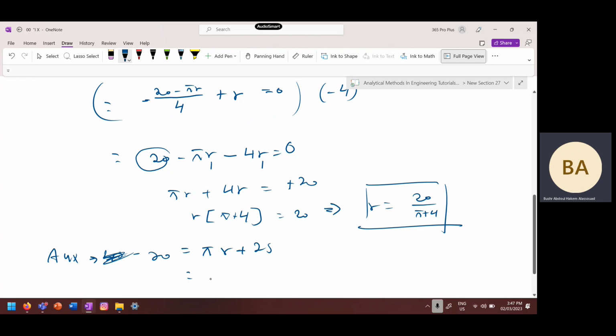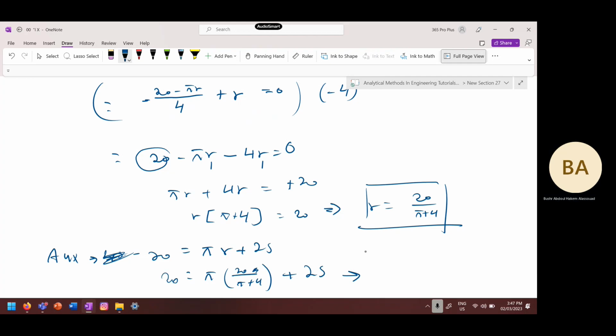Anyway, so pi times 20 over pi plus 4 plus 2s. Okay, that's an s. You'll get that, after solving this, s is equal to 40 over pi plus 4. That's the value of s.